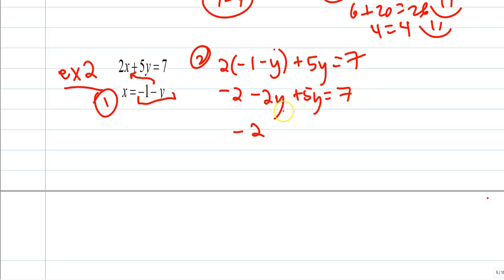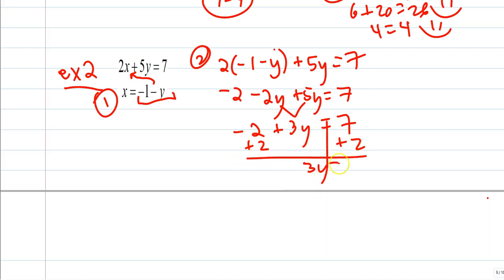Combine like terms. 3y equals 7. Add the 2. 3y equals 9. And dividing, y equals 3. Still not done. That's the y value. How do I get the x value?